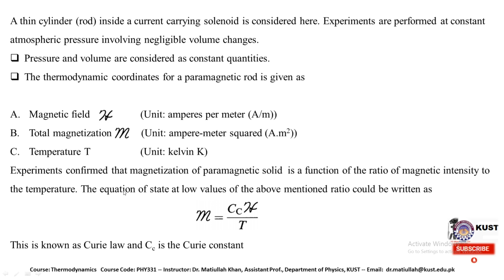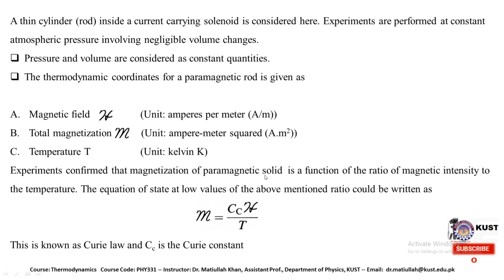Experiment confirms that the magnetization of a paramagnetic solid is a function of the ratio of magnetic intensity to temperature.